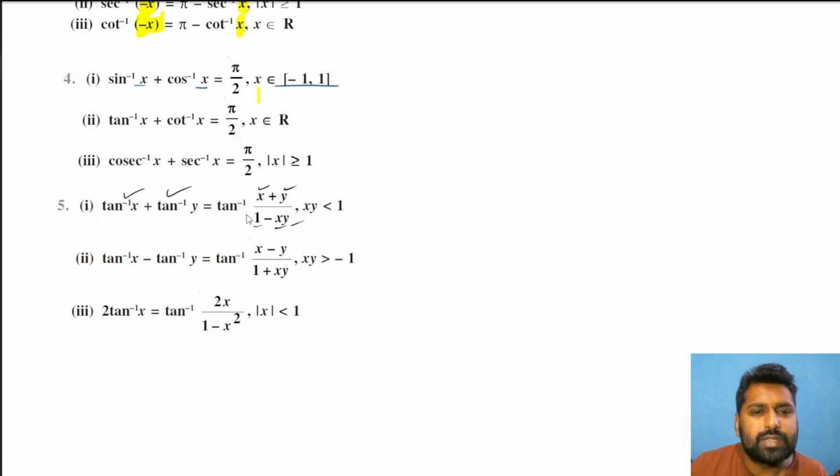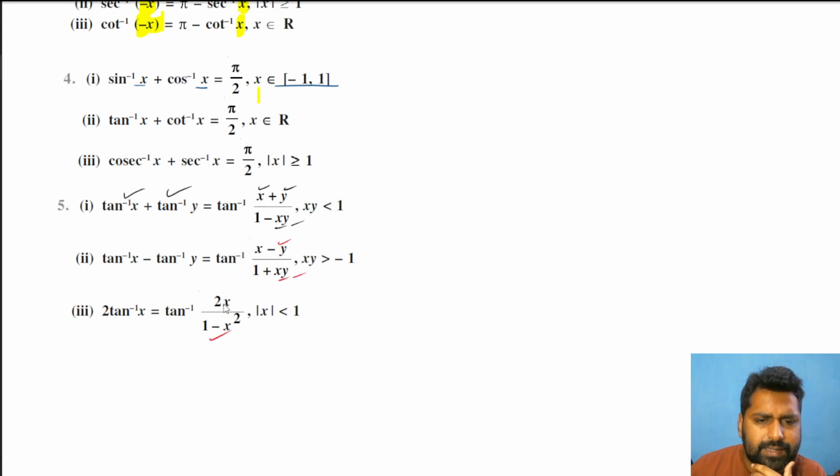It looks like tan(a plus b), except right now you are adding tan inverse. With negative, you have to do the opposite: tan inverse x minus tan inverse y becomes (x minus y) upon (1 plus xy). And 2 tan inverse x is tan inverse of 2x upon (1 minus x square).